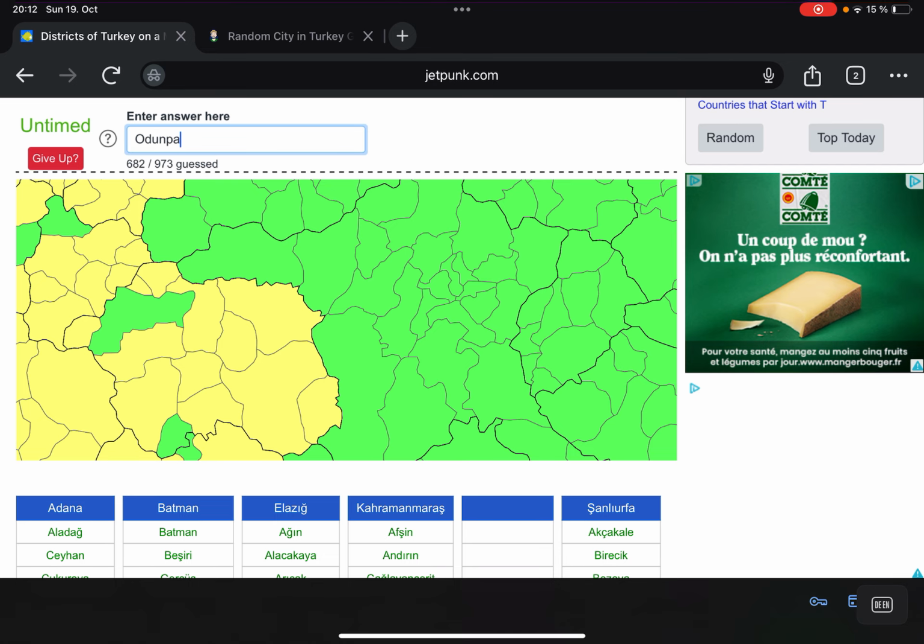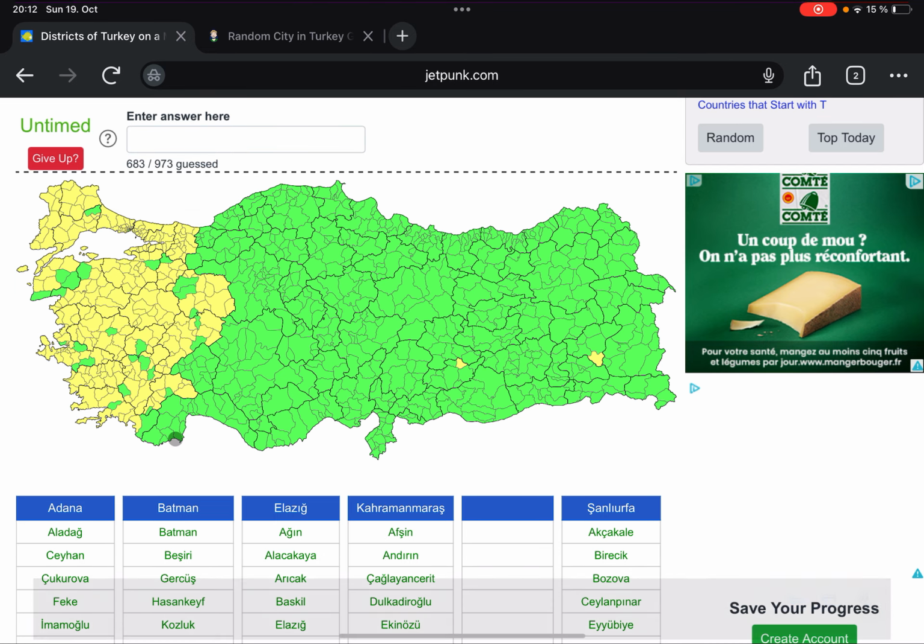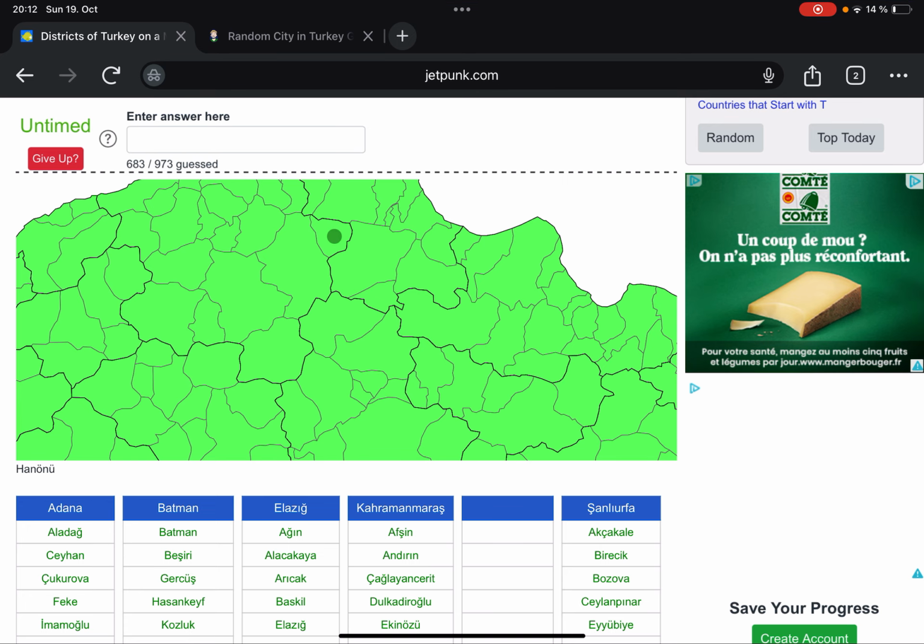Eskişehir itself is also divided into two districts, one of them being Tepebaşı, and right below Odunpazarı. And we already named Han when we tried to type in, I think it was Hanönü or something over here in Kastamonu.